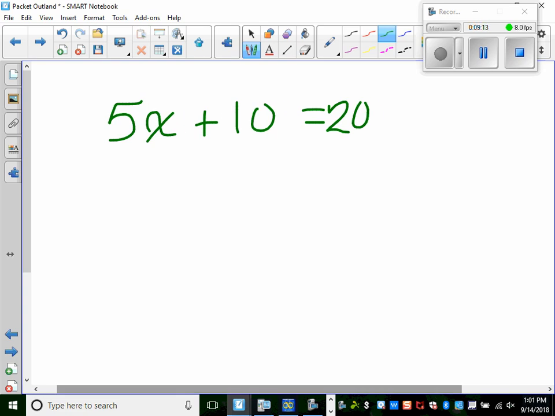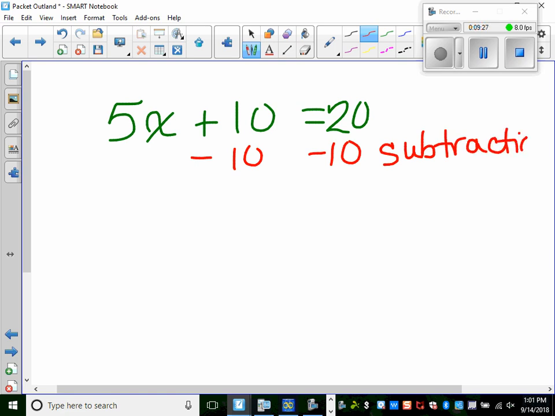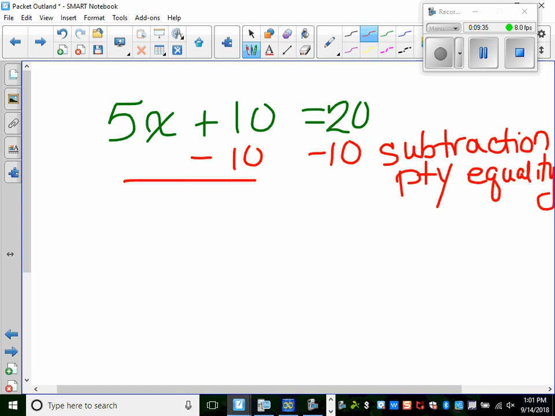All right. And of course, I know the first thing I'm going to do is subtract 10. So when I subtract 10 from both sides, this is called the subtraction property of equality. I'm going to draw my line like I'm adding and subtracting. Okay, bring down my 5x.